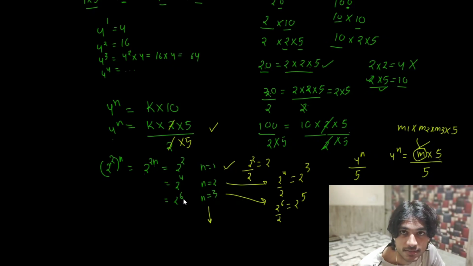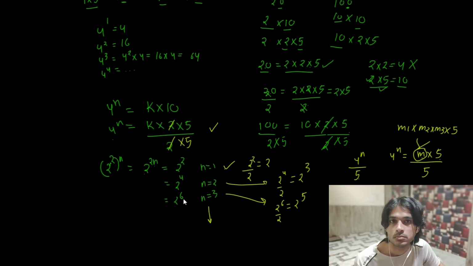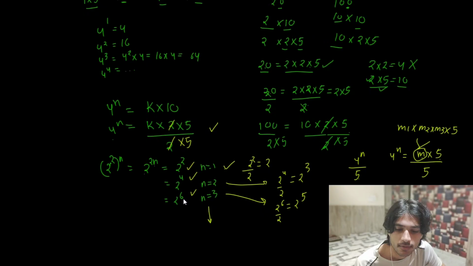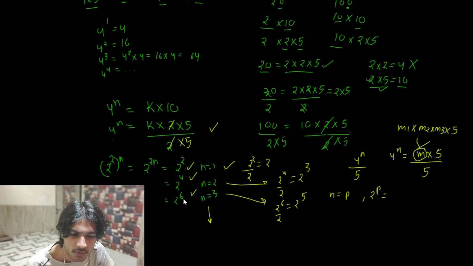The problem here is, we have seen that 4 to the power n can be written as 2 to the power 2n, and no matter how much I increase n, it will always be a power of 2. So it will be 2 squared, 2 to the 4, 2 to the 6. But never will there come a stage where, suppose for n equals p, I can write 2 to the power 2p as 2 to the q multiplied by 5.